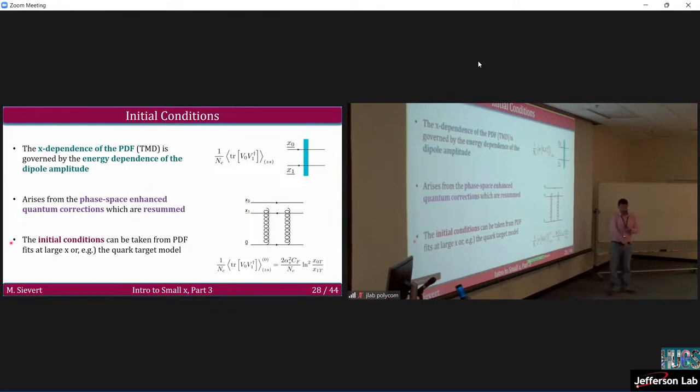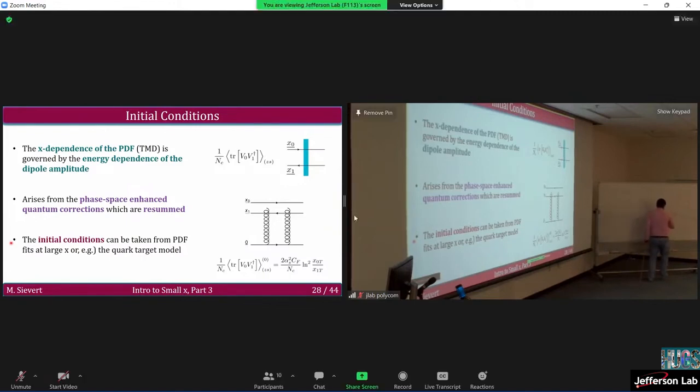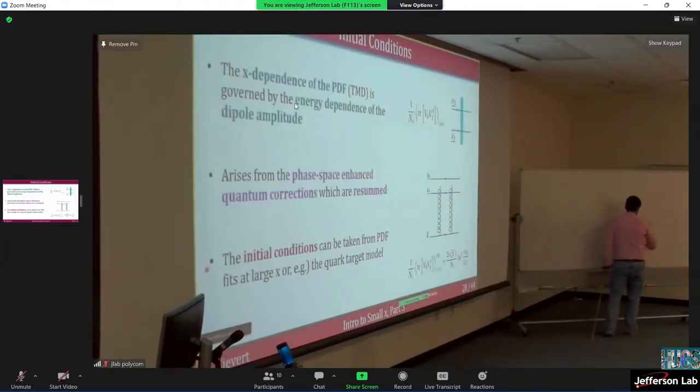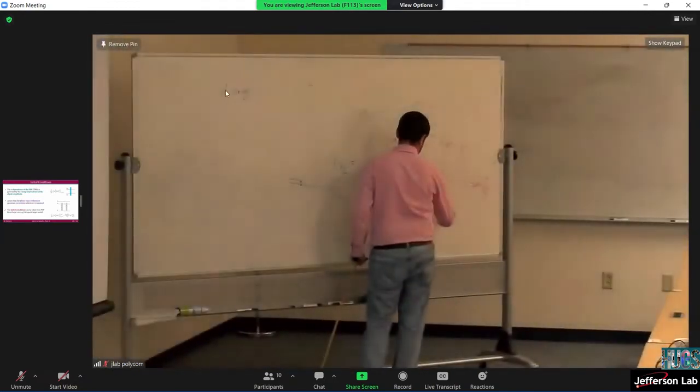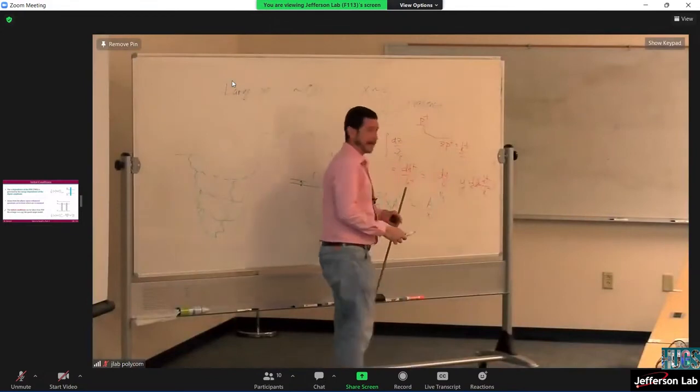So the point is, you can use nuclei to get a head start on saturation. They start off, even at lower values of x, with higher gluon densities because of their mass number. It's a bit of a back of the envelope formula, but you can say something like Qs squared as a function of x and mass number scales like A divided by x to the power 1/3. That's highly approximate.